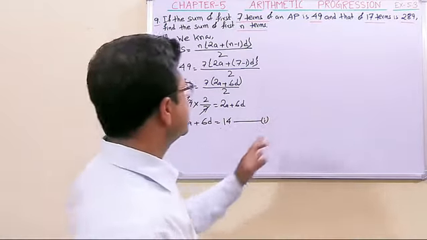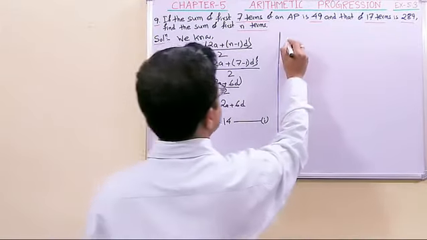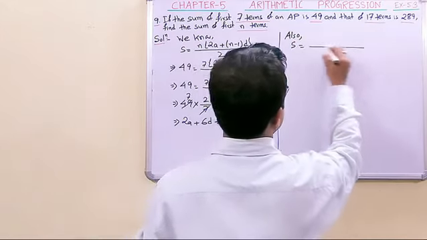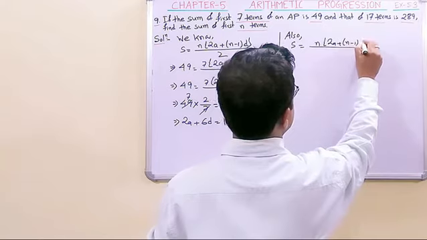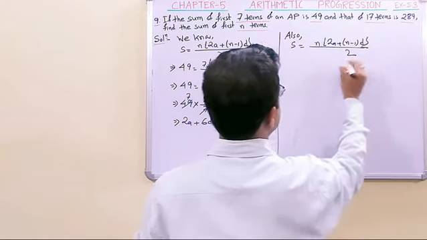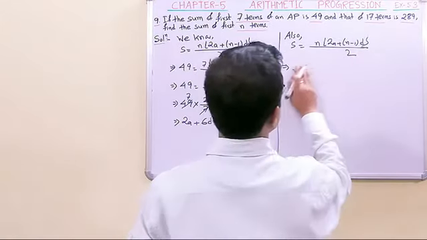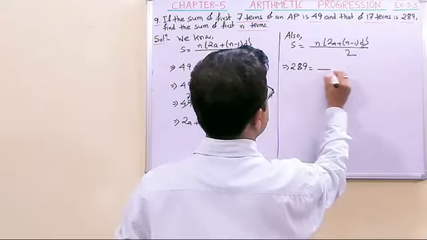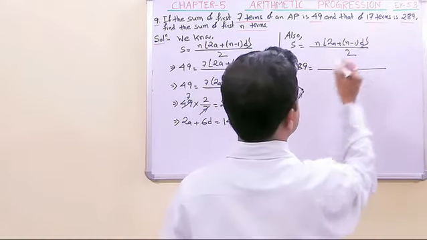Now from there let us frame the second equation. Alright, so again let us write the same formula: S is equal to n into twice a plus n minus 1 into d, divided by 2. S equal to how much? 289. N, sum of how many terms? 17.